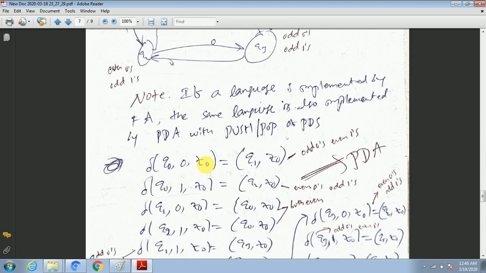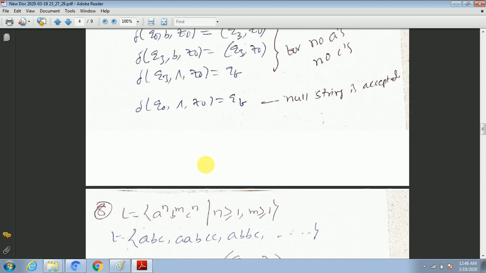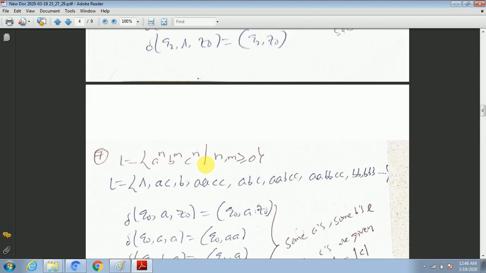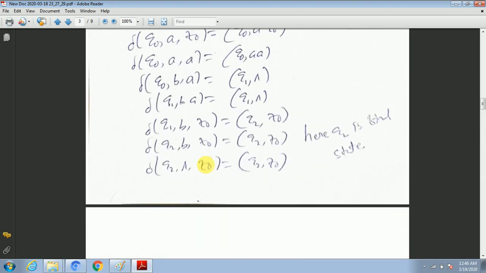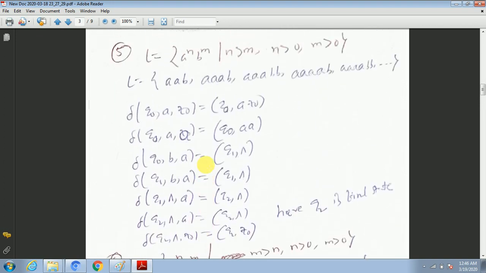So there are so many solved examples for the PDAs, and then we are going to discuss one problem, which is the fifth one, L equal to a power n b power m.